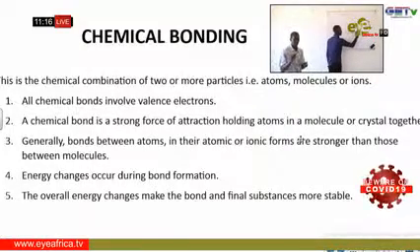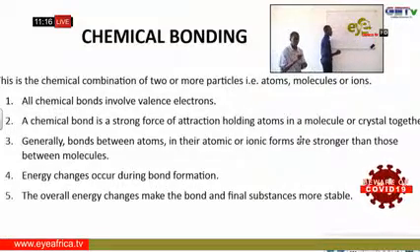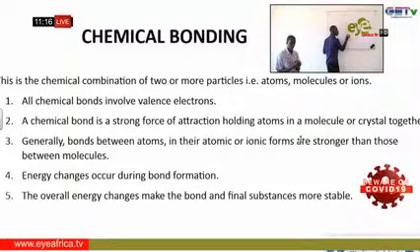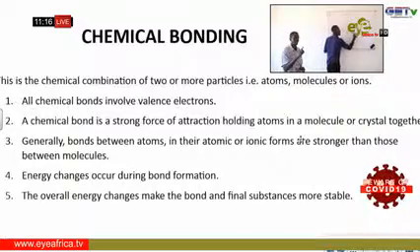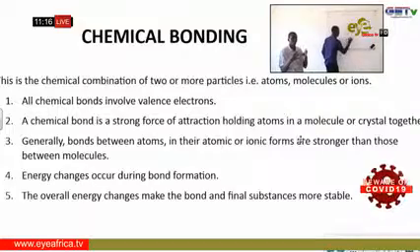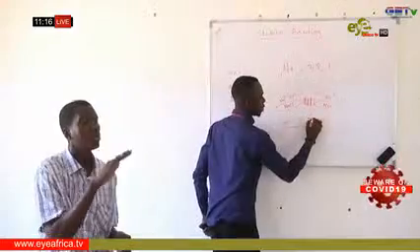Inside here I have Na and Cl minus. That is Na plus and Cl minus. Now, it is saying that the bond between this sodium and this chlorine is far stronger than the bond between this molecule of sodium chloride and this molecule of sodium chloride.